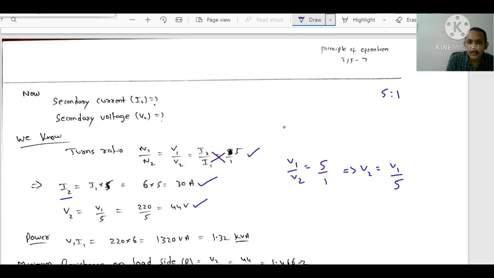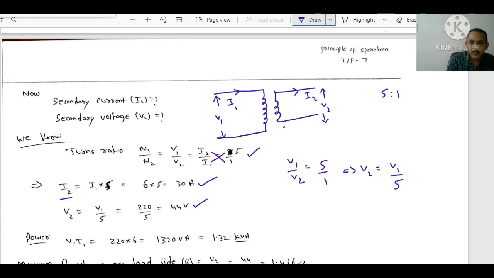For example, if you are having a transformer like this, how much current did we get now? This current I1, this voltage V1, this current I2, voltage V2.